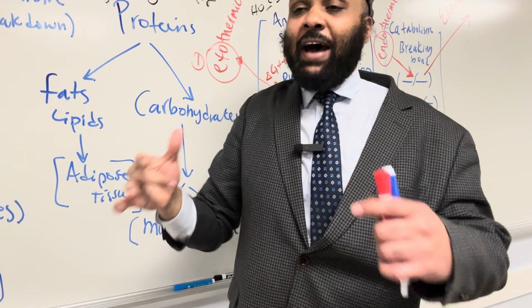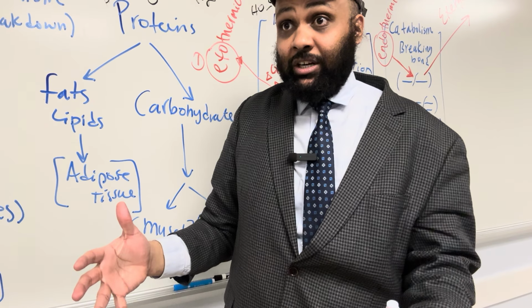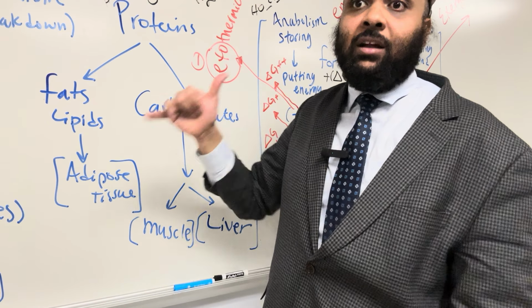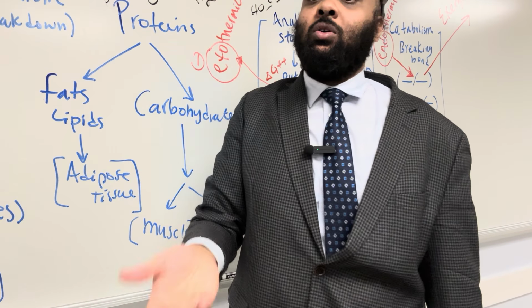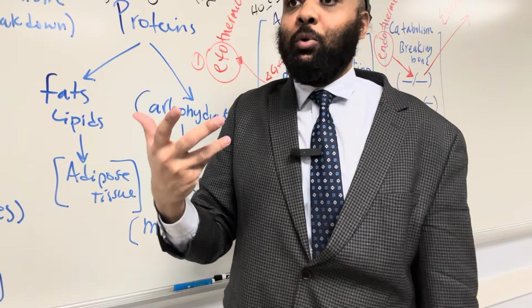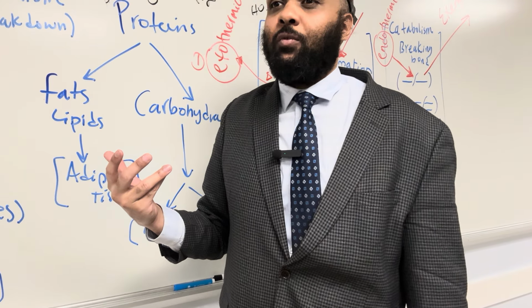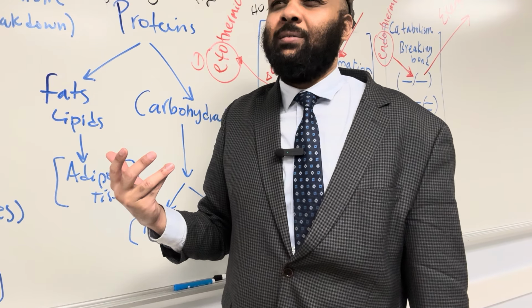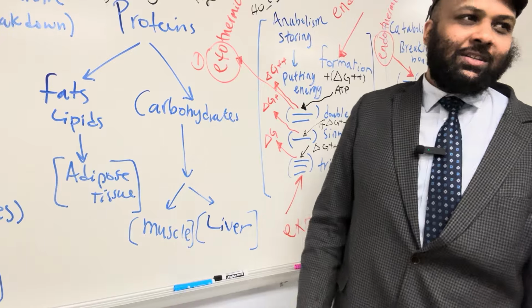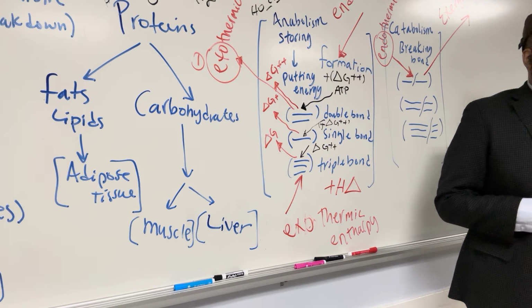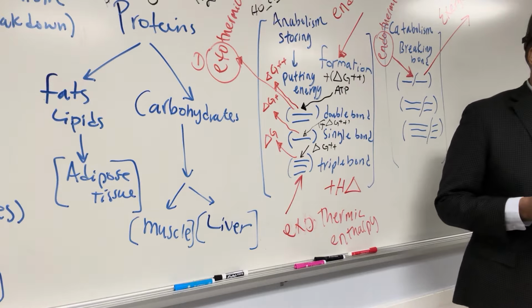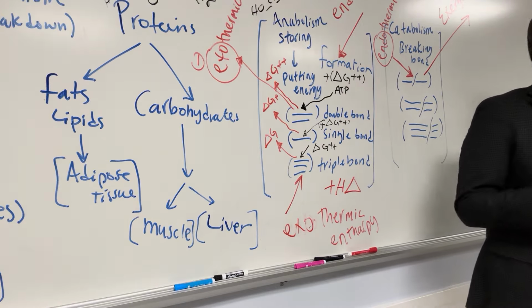So when you make a fat tissue, you're storing energy. But when you run the marathon, you break down that energy in order to exploit it for survival. Though we're going to go over it more in the slides. Okay, so now today our main topic is amino acids and the proteins.